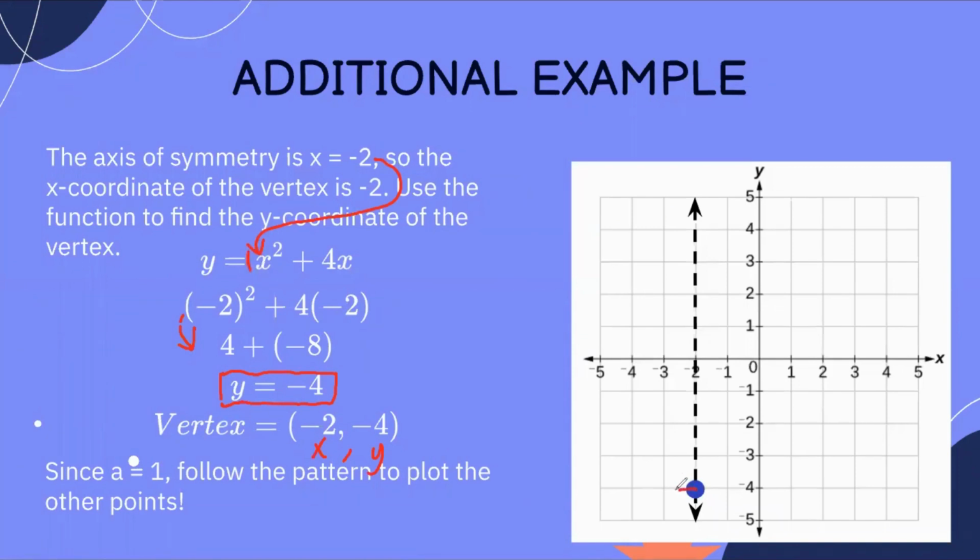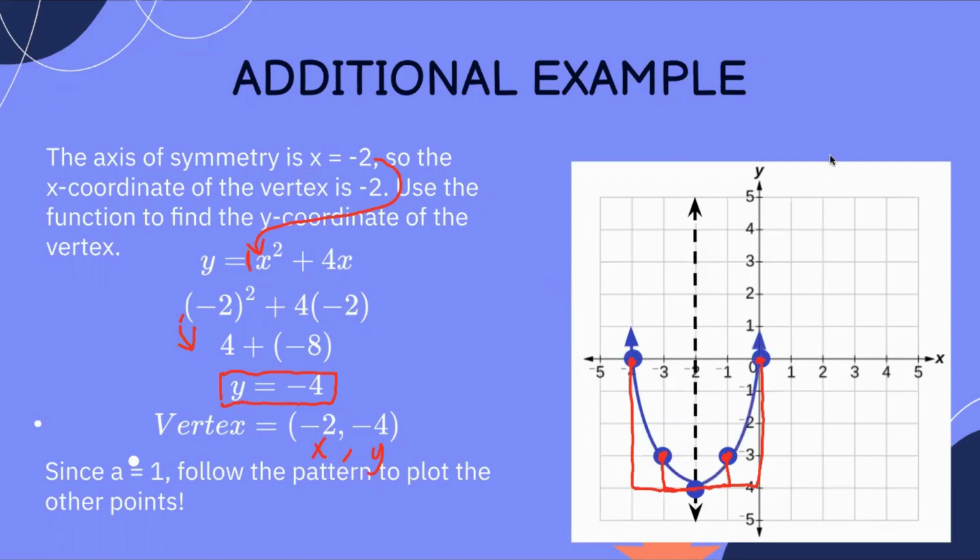So if you go 1 unit left from the vertex, 1 unit up, you have a point here. Same goes if you go 1 unit right from the vertex. 2 units left from the vertex, you would go up 4 units, and 2 units right from the vertex, you would also go up 4 units. And here are your 4 other points, and now you can go ahead and connect them with a smooth line to create your parabola shape.